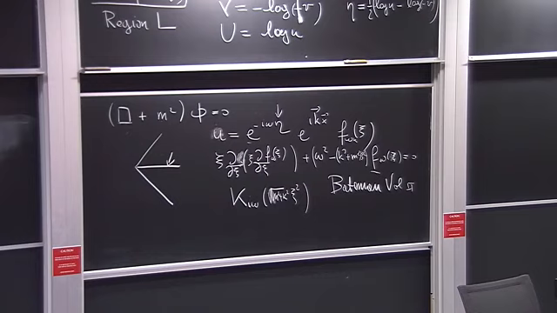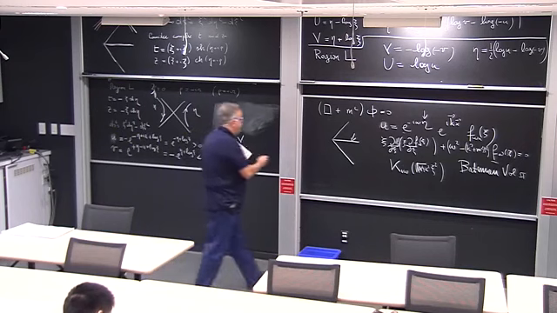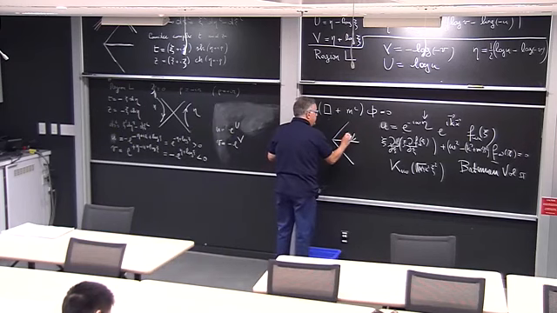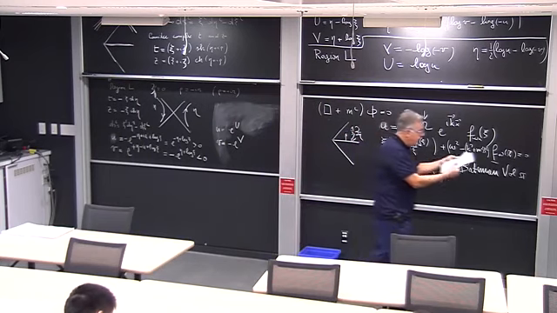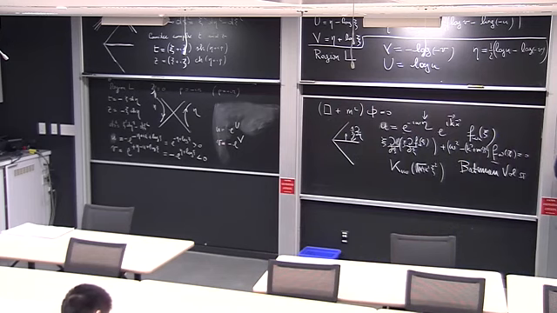And there's a formula in the Bateman book that you can try to prove. The measure on this surface is 1 over xi d eta.